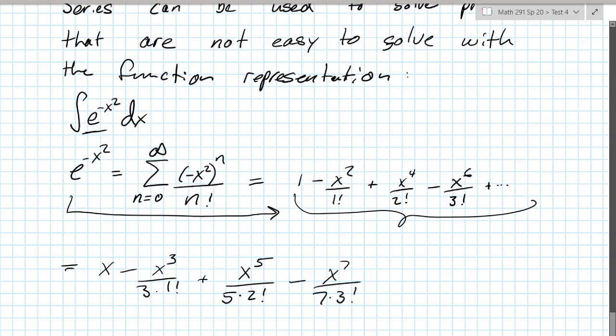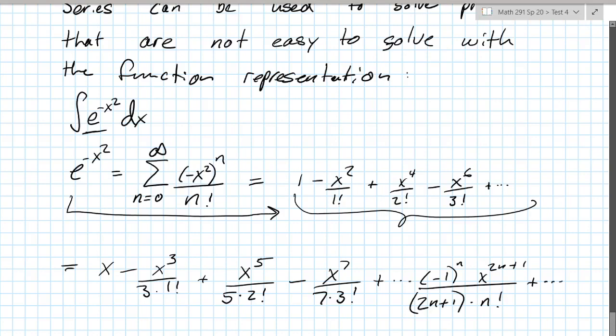And you can see a pattern here, and the pattern is negative 1 to the n, x to the 2n plus 1 over 2n plus 1 times n factorial. So that would be our nth term of the sequence.